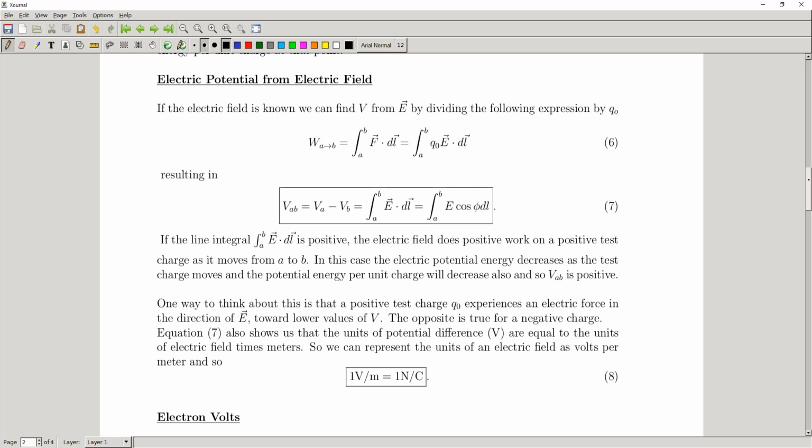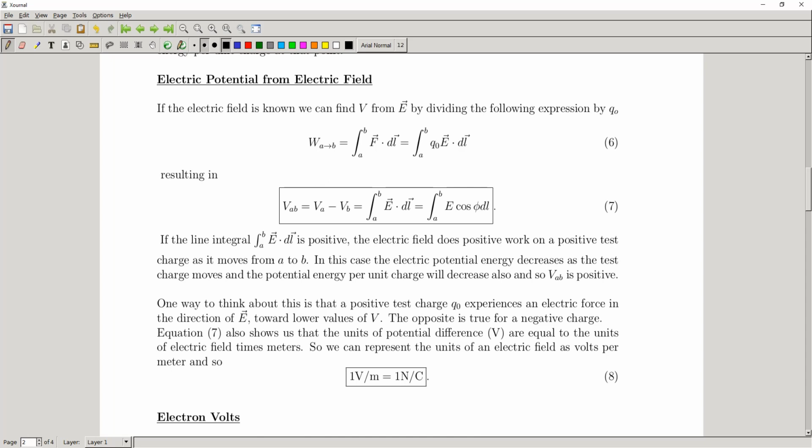And so if this line integral that we see here, which I've written here, is positive, the electric field does positive work on a positive test charge as it moves from A to B. Okay, so in this case, the electric potential decreases as the test charge moves from the point A to the point B, right? So we end up with a VAB, which is going to be positive.